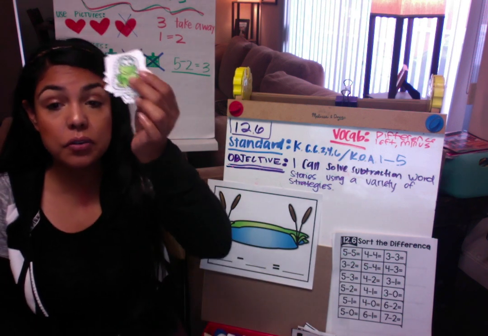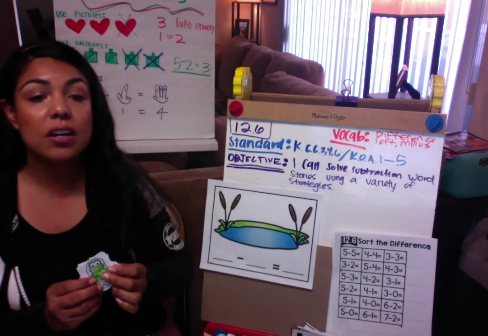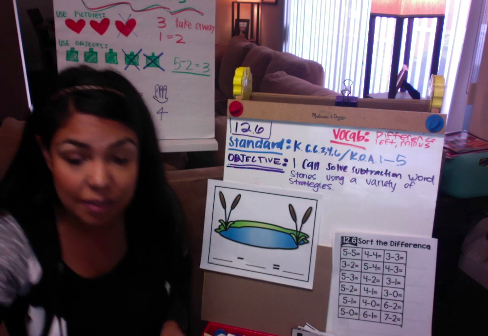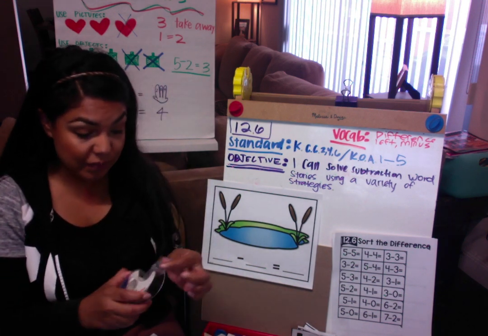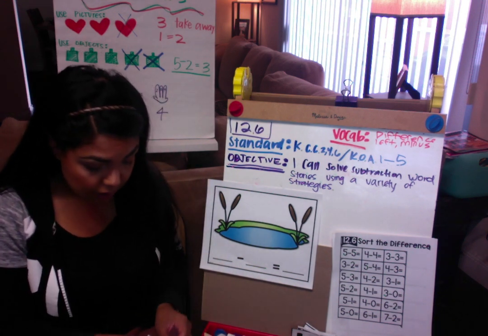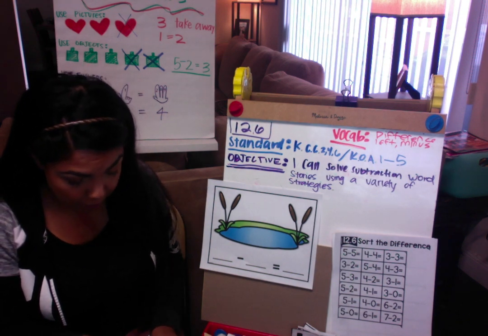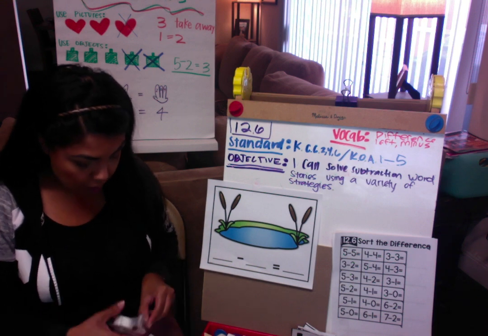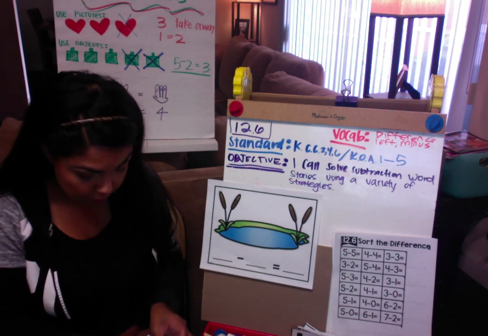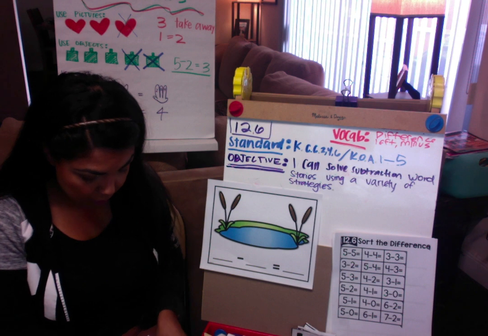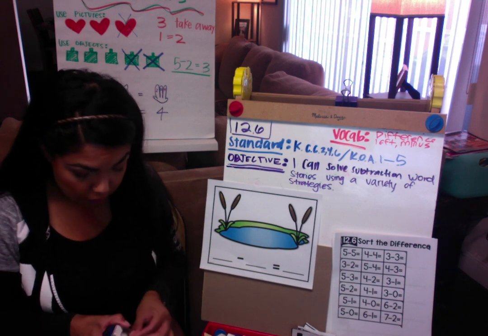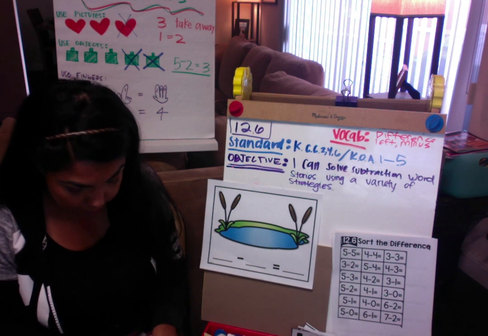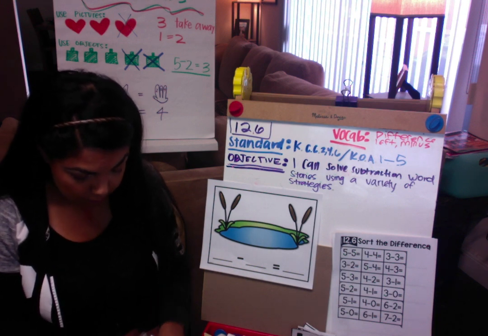Now, you guys use your froggies to count. Here we go. There were 5 froggies in the pond. How many froggies? 5. So I want everyone to put 5 froggies in your pond. 1, 2, 3, 4, 5.